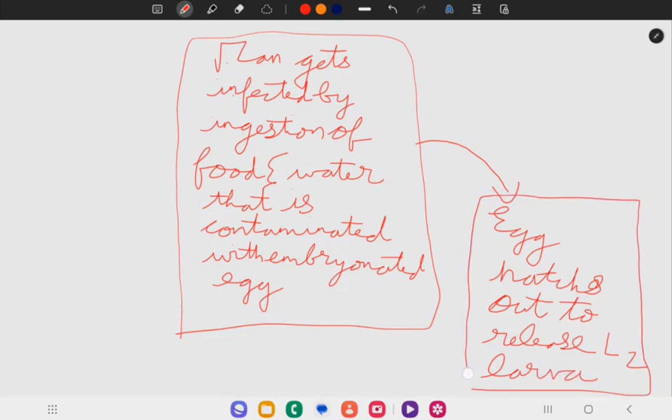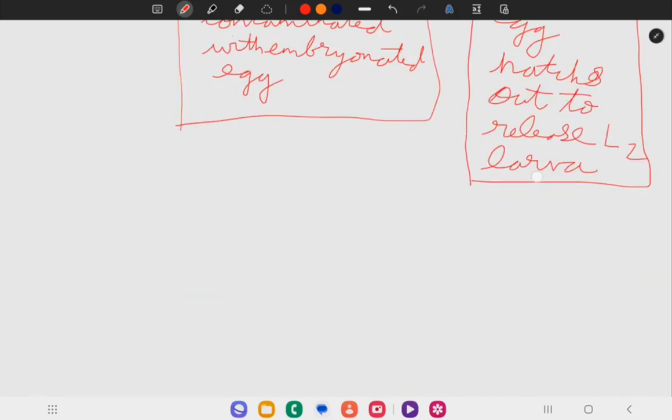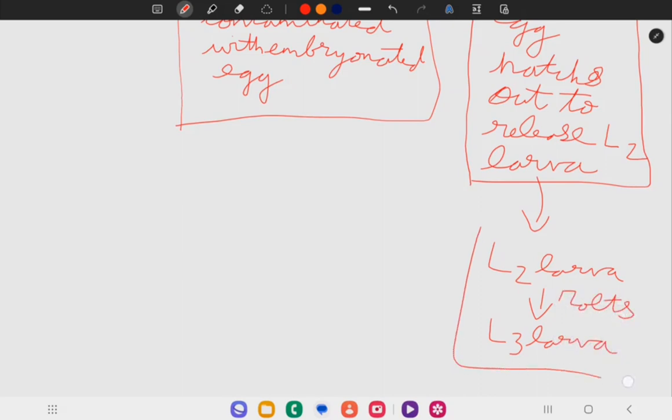Embryonated egg contains L2 larva. L2 larva molts once to form L3 larva.